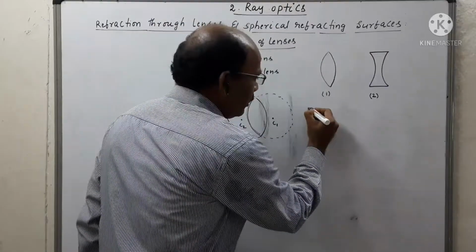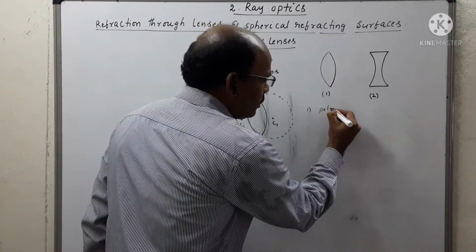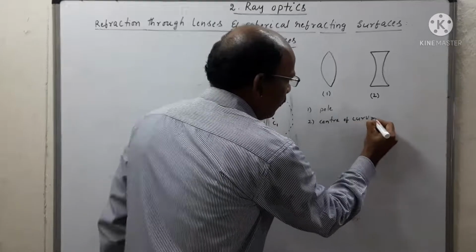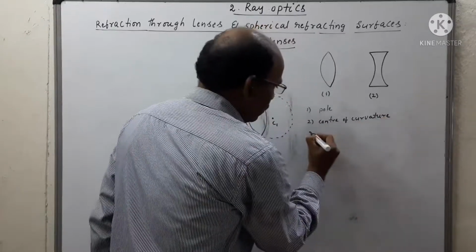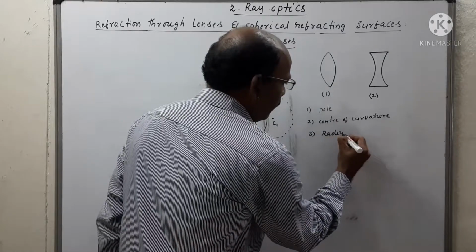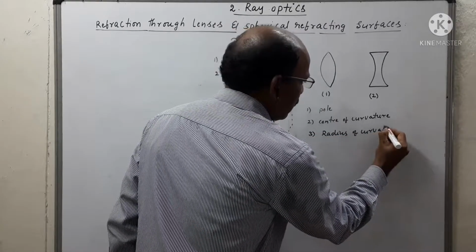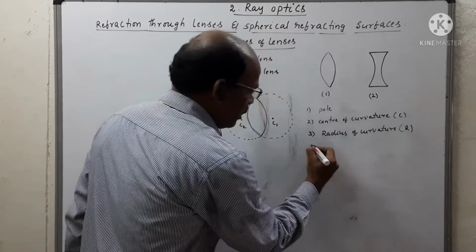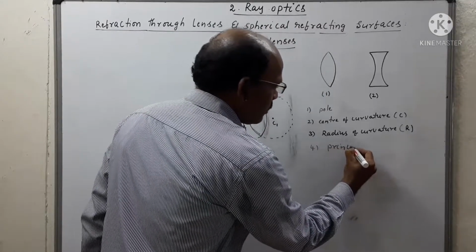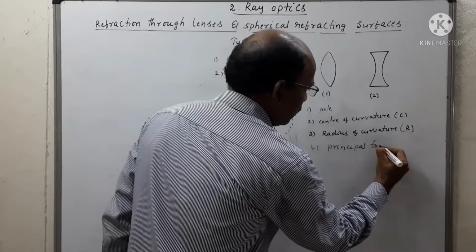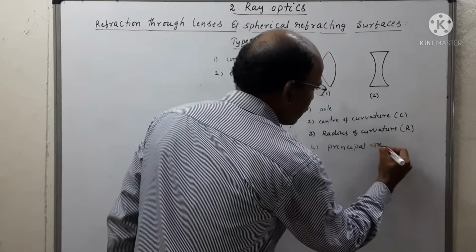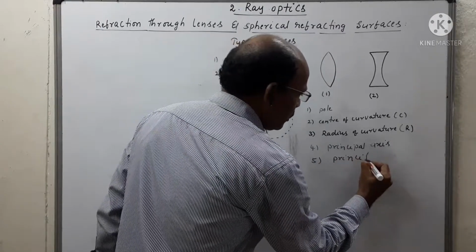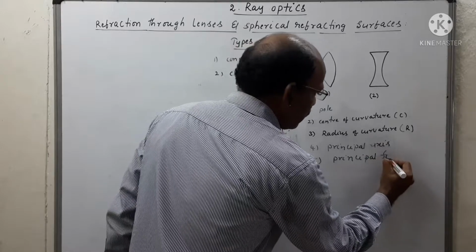And we can define some important terms. First one is pole, second one is center of curvature, third one is radius of curvature. This is represented R, this is C, and the fourth one is principal axis, and principal focus.